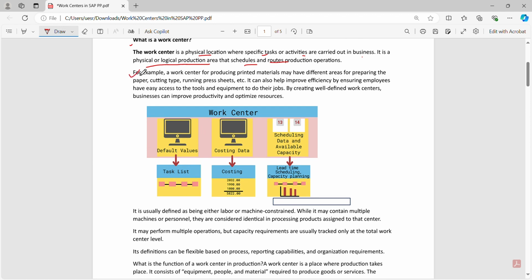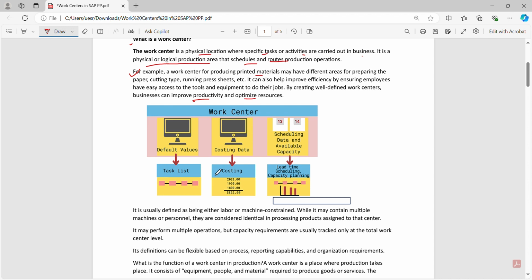For example, a work center for producing printed materials may have different areas for preparing the paper, cutting type, running press sheets, etc. It can also help improve efficiency by ensuring employees have easy access to the tools and equipment to do their jobs. By creating well-defined work centers, business can improve productivity and optimize resources. So, productivity and optimize resources can be improved using work center concept.